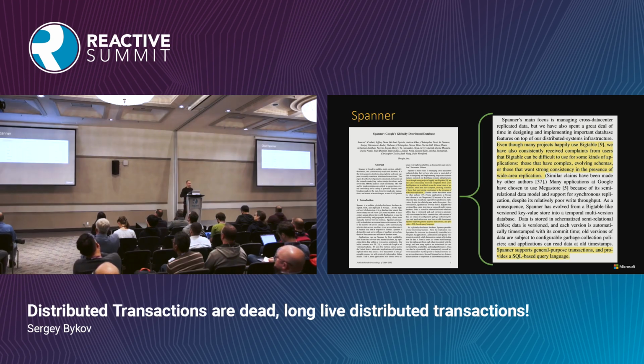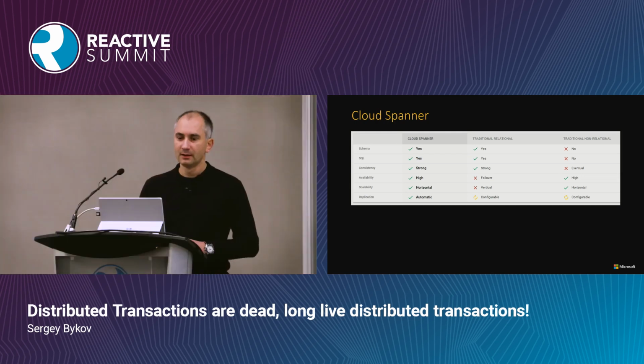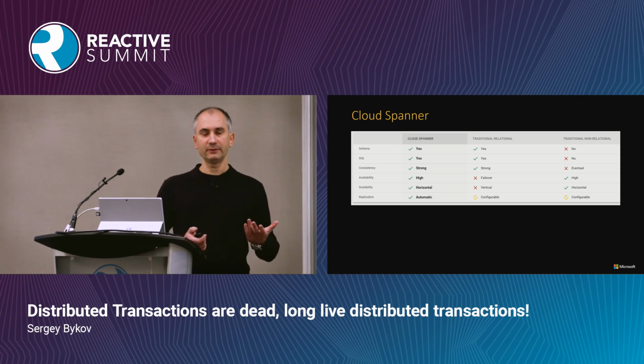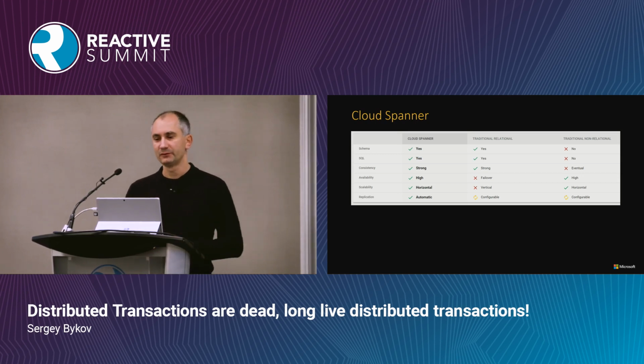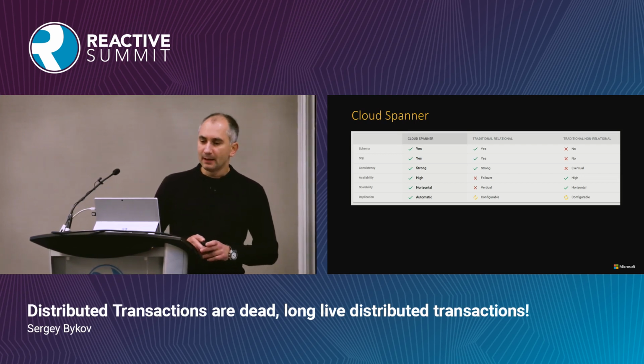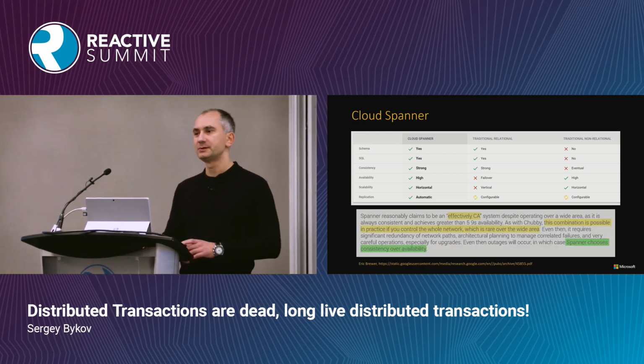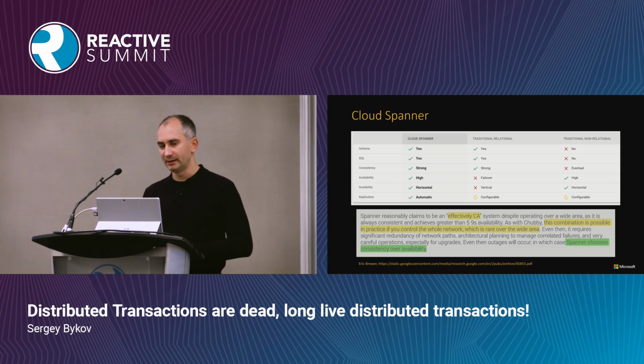And if you look at Cloud Spanner, they have this table where they combine the green checkboxes from single machine consistent databases and NoSQL key value stores, and say we achieved the perfect combination of the green checkboxes. And you'd think it's impossible because of the CAP theorem, because essentially they're claiming they sort of exceeded the speed of light or broke general laws of physics. So Eric Brewer, who is the author of the CAP theorem, published this paper to explain what they actually mean here.